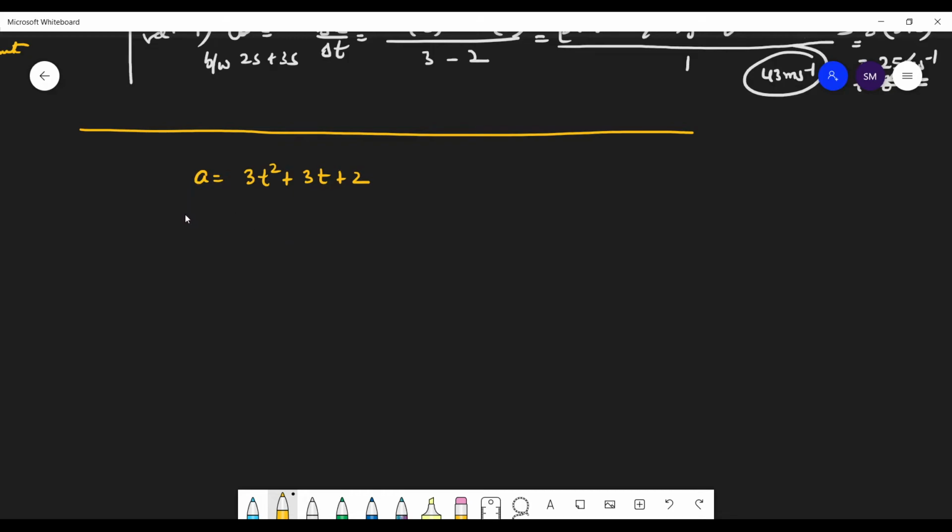And a particle starts with velocity v1, that is 2 meter per second, given to you at time t equals 0. Find the velocity at the end of 2 seconds. So what is v2? That you have to find.